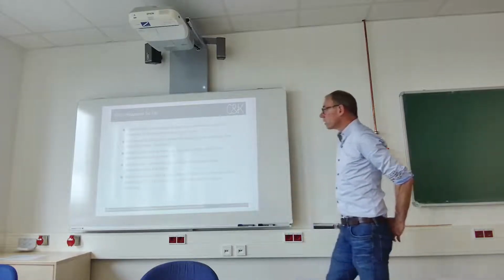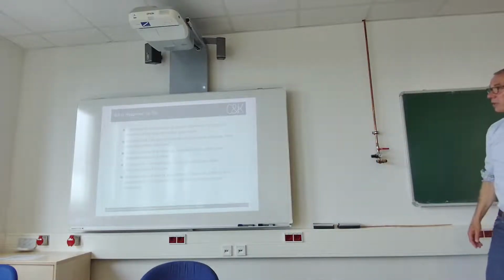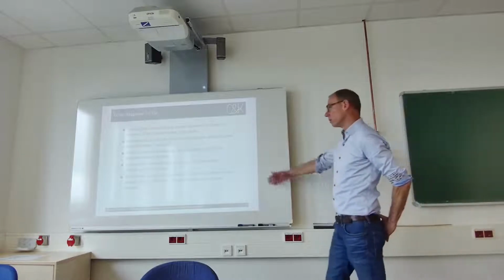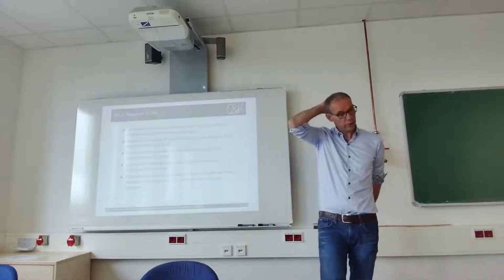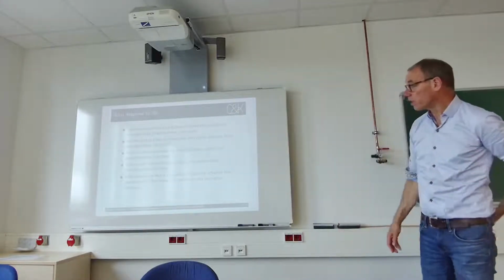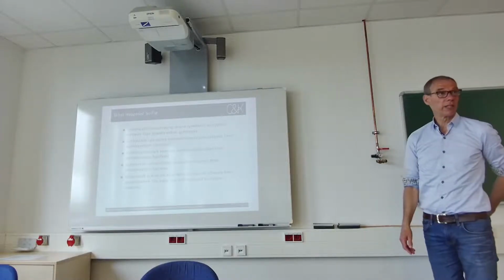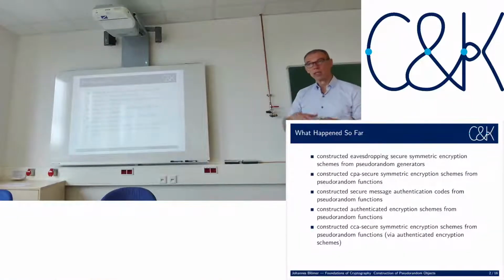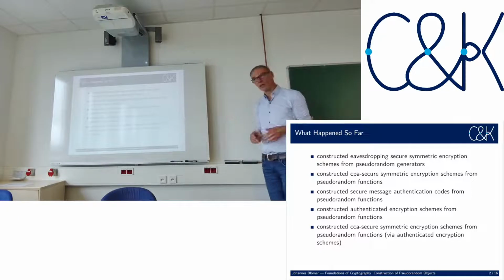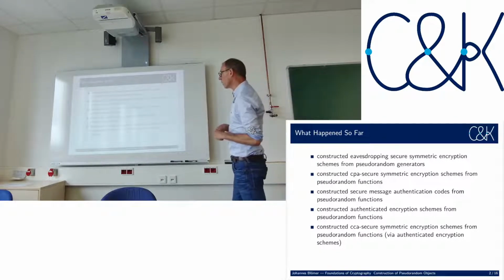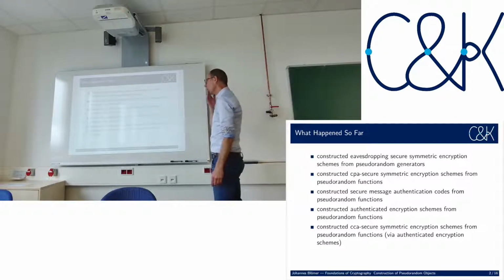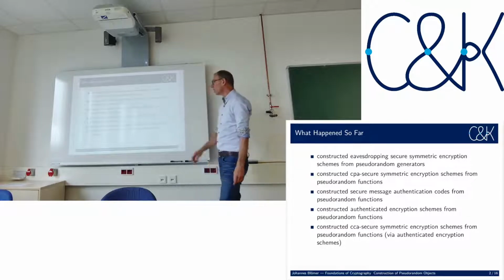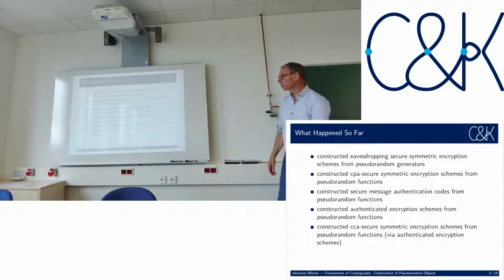And then we constructed secure message authentication codes, again, from pseudorandom functions. Basically, we saw that a pseudorandom function is a good message authentication code, although, as we saw, it has these length restrictions that are not so nice, so that's why we use other techniques to circumvent these problems.